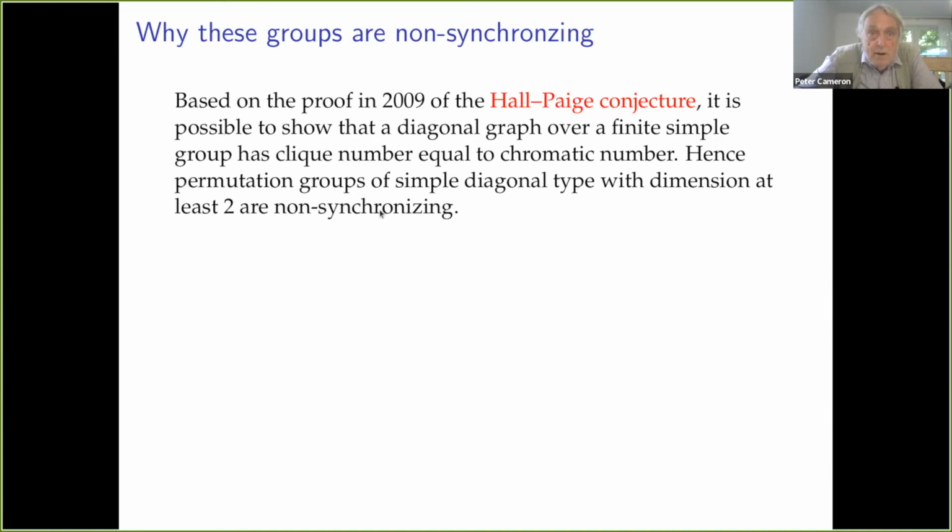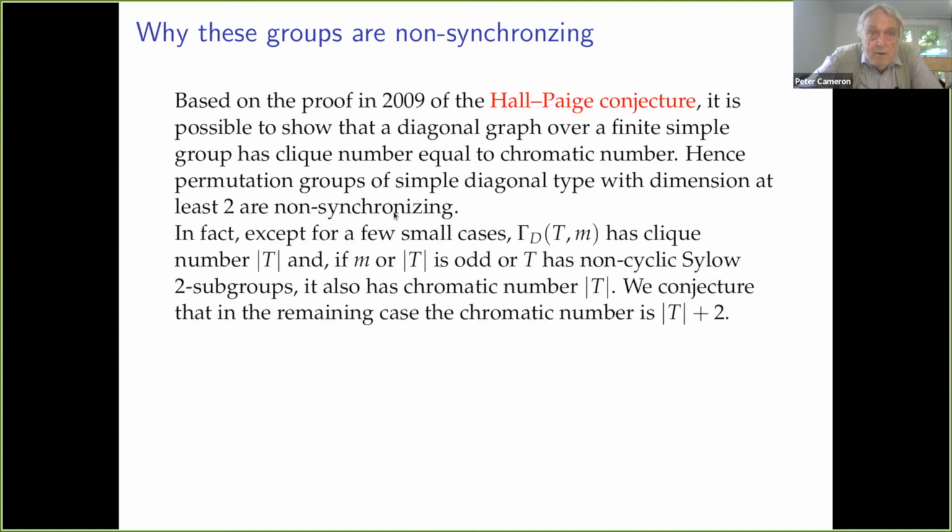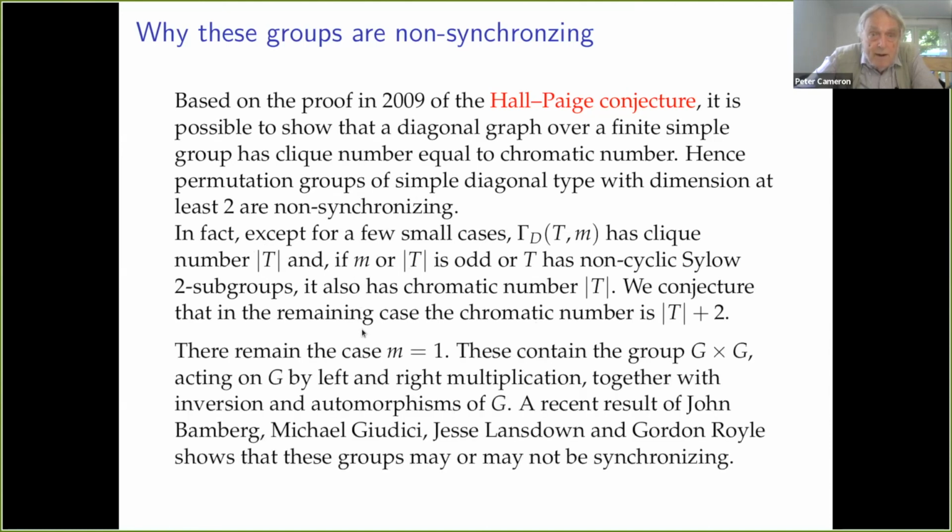And so that shows you that primitive permutation groups of diagonal type, dimension at least 2, are non-synchronizing. And indeed, all of these diagonal graphs are weakly perfect, except if m and the order of T are both even and the Sylow 2-subgroups of T are cyclic. But I won't say any more about that case.